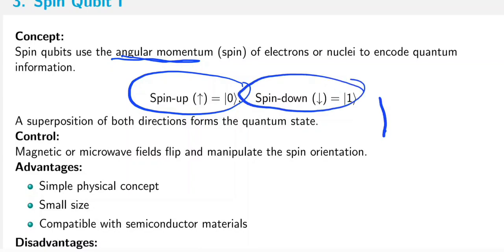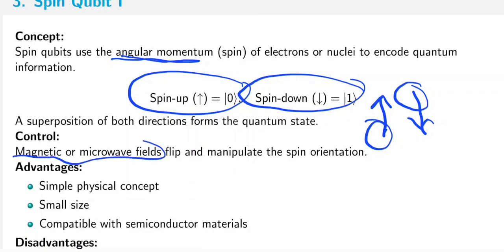But when the spin tilts somewhere in between, it means it is both 0 and 1 together, which we call, you already know the answer, superposition. We can flip or control the spin using magnetic or microwave fields. That you need to remember, magnetic or microwave fields.